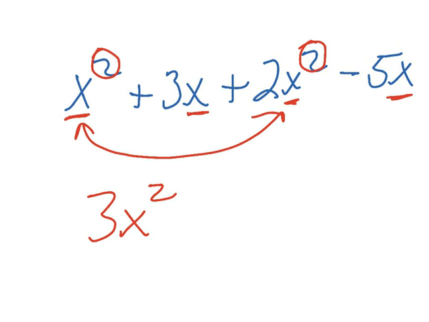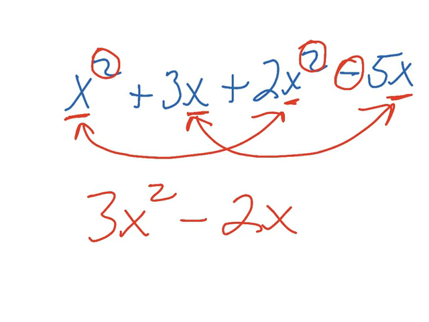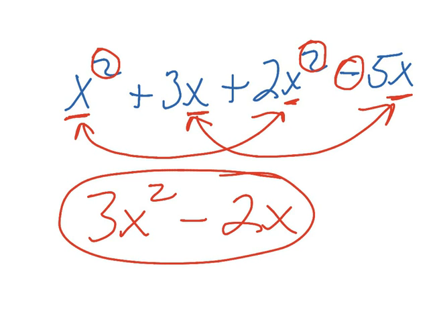So x squared plus 2x squared is 3x squared, and then I've got 3x minus 5x, don't forget that sign, 3x minus 5x would be minus 2x. And now I've combined like terms, and taken into account that I cannot combine the x squared and the x's.